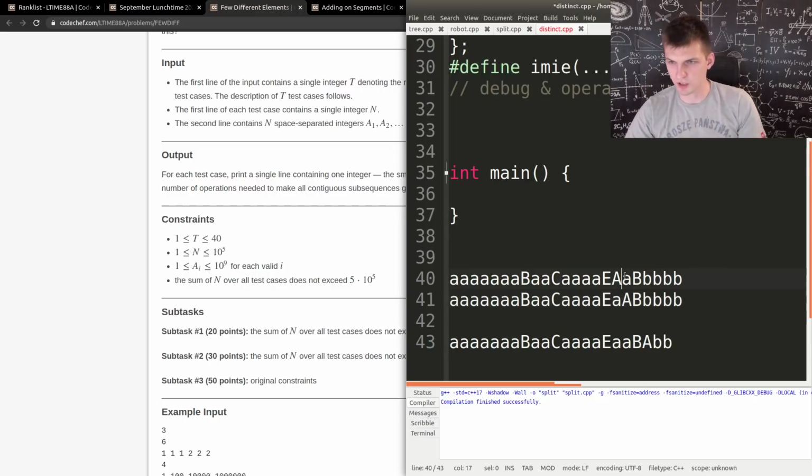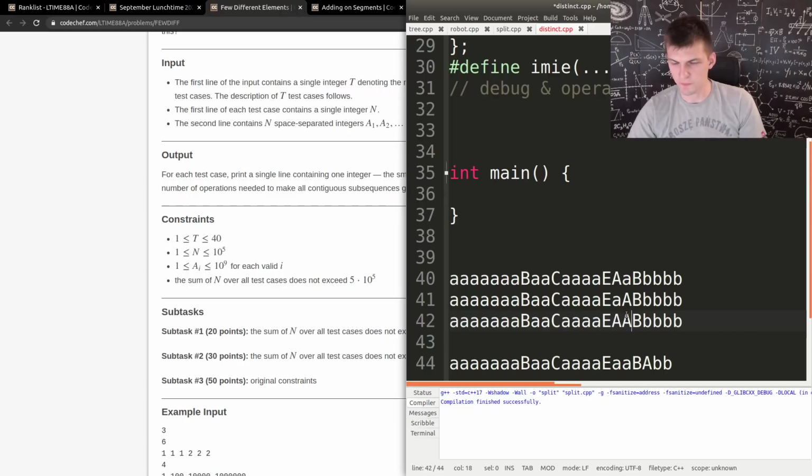But in this case, I could. Oh, there's also this case, obviously. I think here I could change this to E, and that's better. Just treat this as a block of E's.